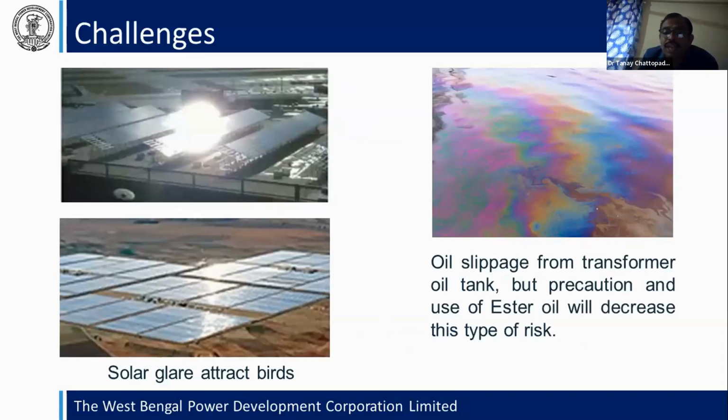To decrease the oil seepage, we can use ester oil, which decreases this type of risk and contamination of the water. This is also available now, and it is costly, but it should be used for the environmental benefit actually.